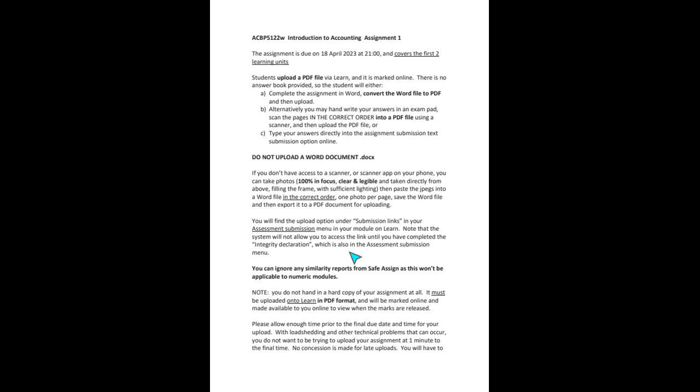Then there's a short information here about how to upload your assignment. I think I did go through that on Learn with you guys in one of the previous collabs. But on your Learn menu down the left-hand side, there's a heading called Assessment Submission. And underneath that menu, you've got all of your submission links. So the first thing that you've got to do is go to the integrity declaration and go through those steps.